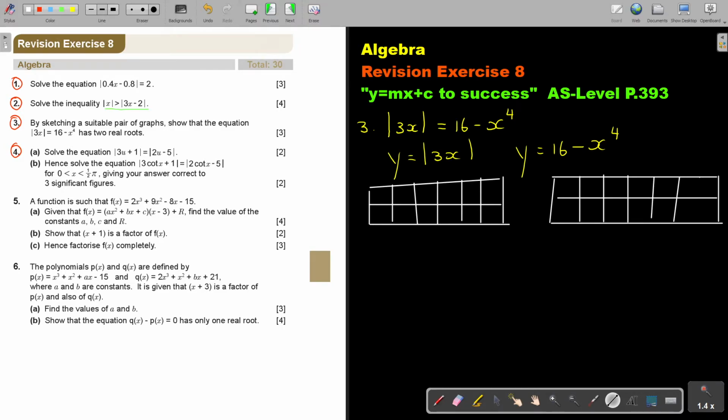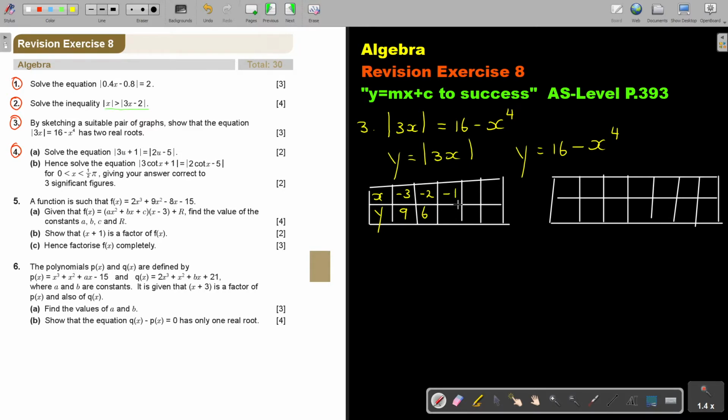Okay. So if I use a table and I start with the first one, then this is x and this is y. Let's start with -3. If it's -3, it's going to be -9, but due to the absolute value, it's just going to be 9. Then if it's -2, it's going to be -6, but it's going to become 6.